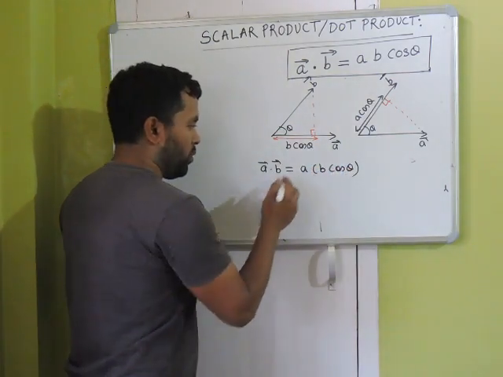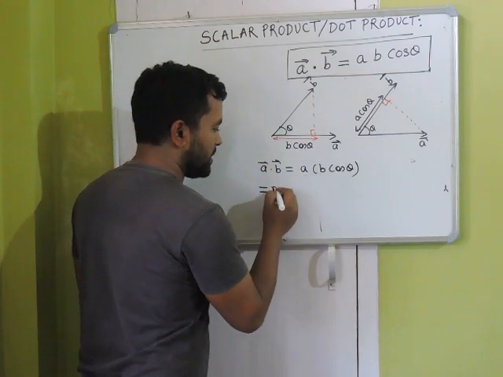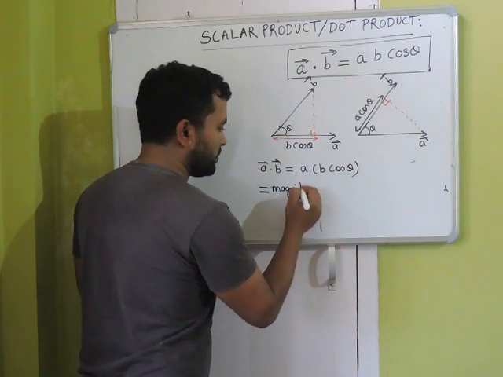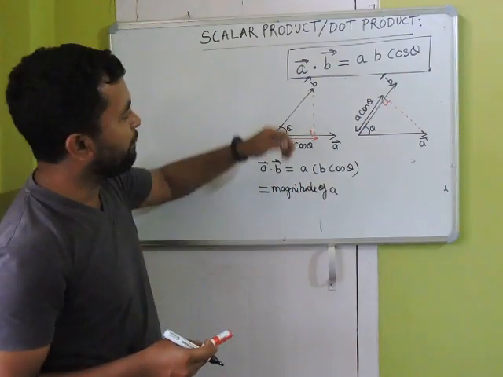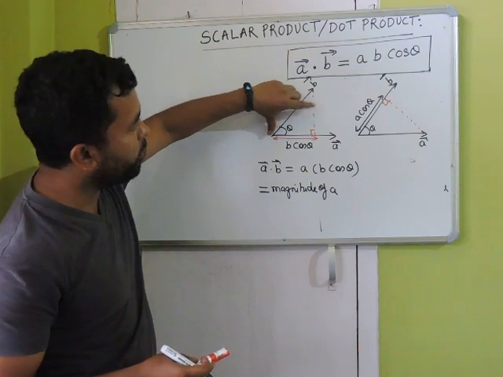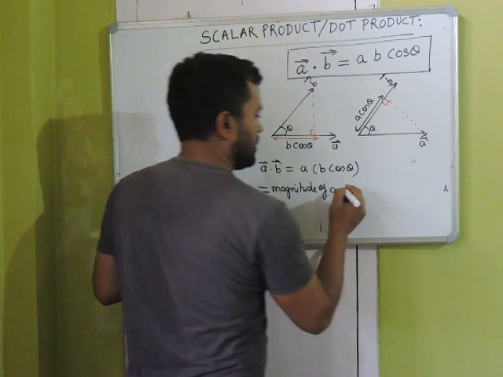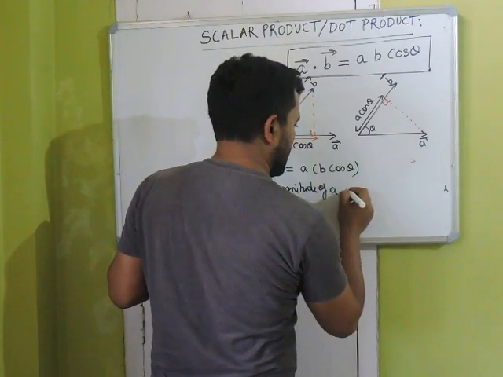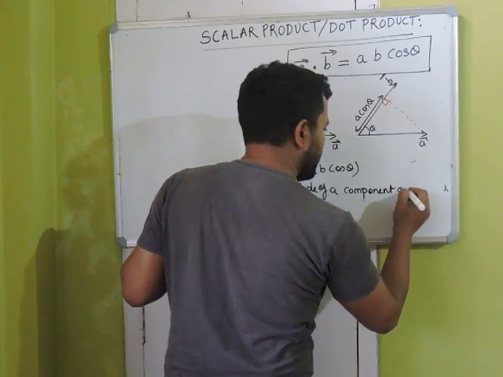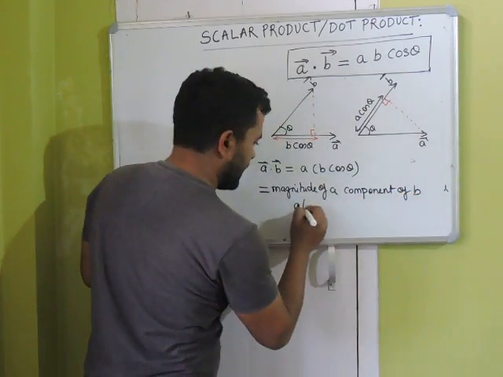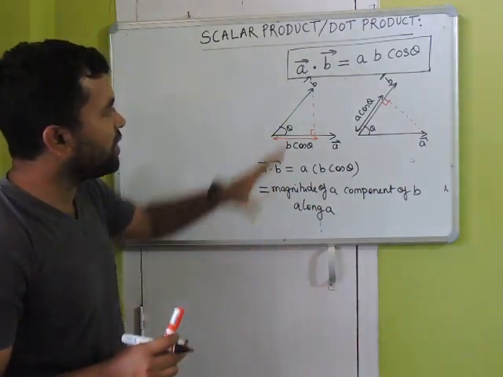Now A is nothing but the magnitude of vector A, and B cos theta is the component of B along A. So A dot B is magnitude of A into the component of B along A. This is just one way of looking at it.